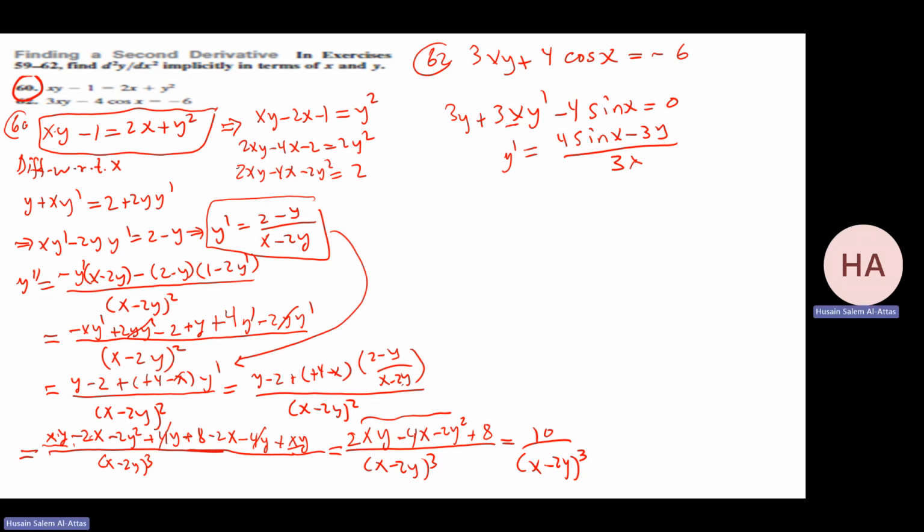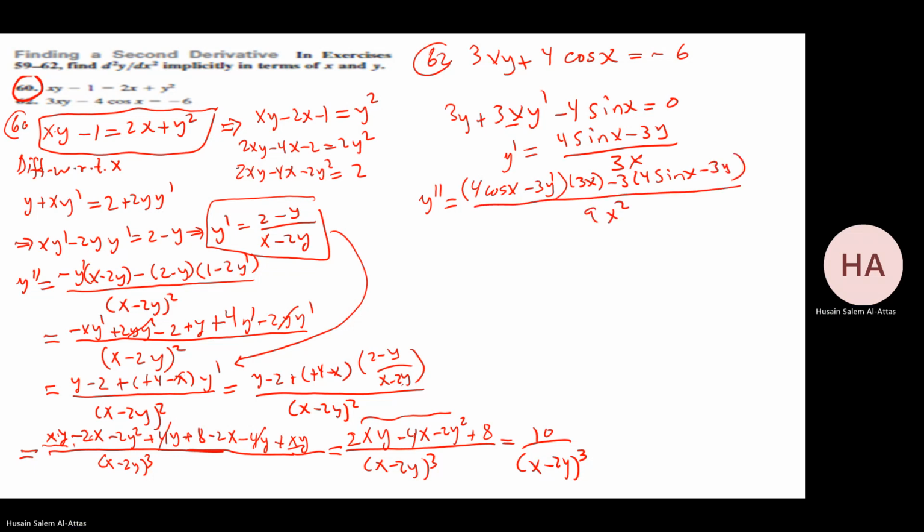Yeah, over 3x. Okay. So y double prime will be what? Derivative of the numerator, which is 4 cosine x minus 3y prime, times 3x minus 3 times this, over 9x squared.